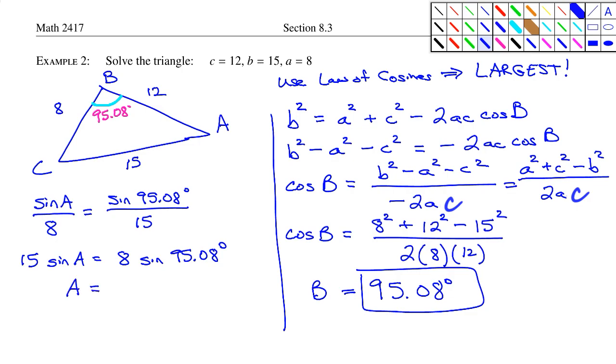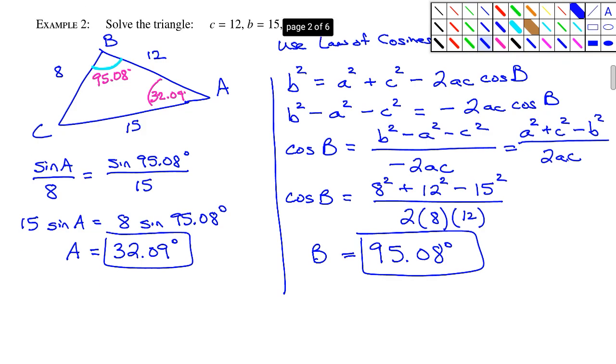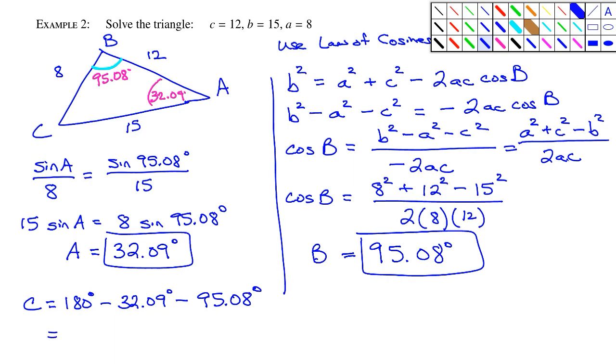Divide by 15 and take the arc sine, and you get that A is equal to 32.09 degrees. And then lastly, angle C is equal to 180 minus 32.09 degrees minus 95.08 degrees, and that's equal to 52.83 degrees.